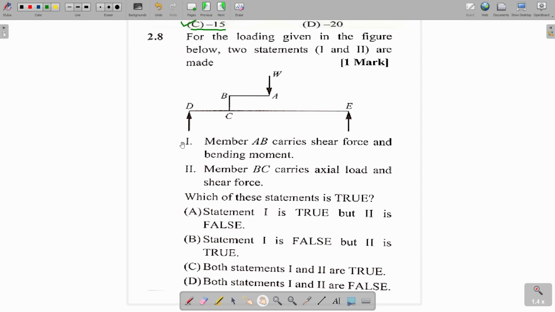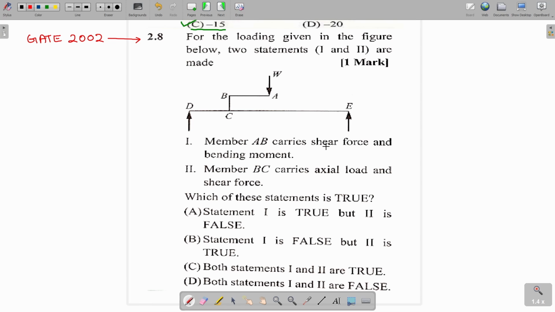For question number 2.8, which came in the year 2002, a beam is given to us and two statements are given.